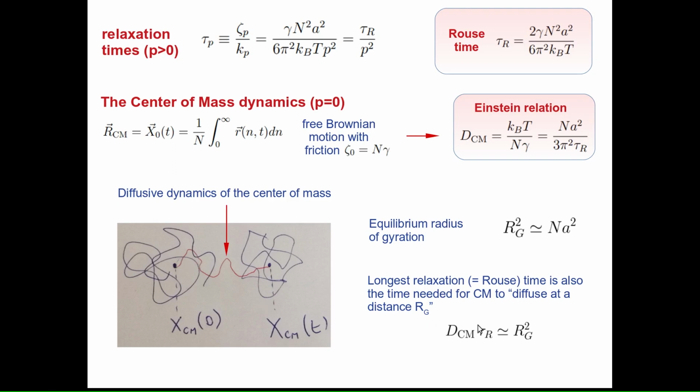And this relation tells us that this relaxation time is also the time at which the center of mass has shifted and gone outside of one radius of gyration. If it's outside one radius of gyration, it must be a totally refreshed conformation. And this is a useful relation because we can generalize it a bit later for other problems.